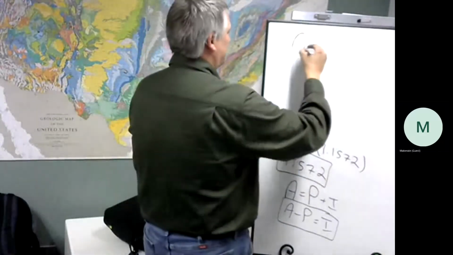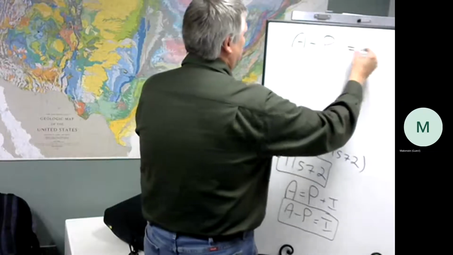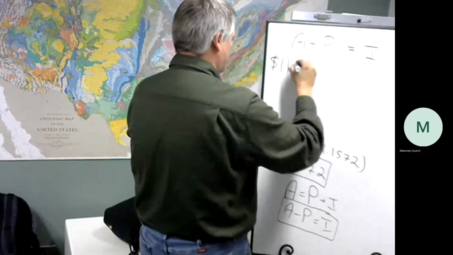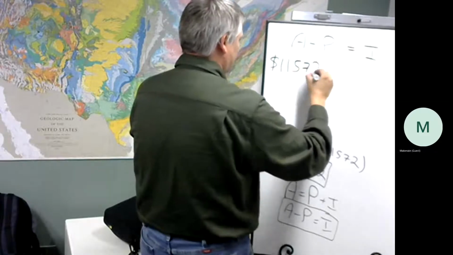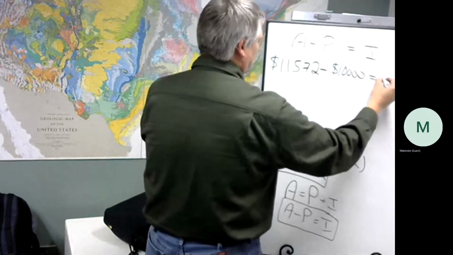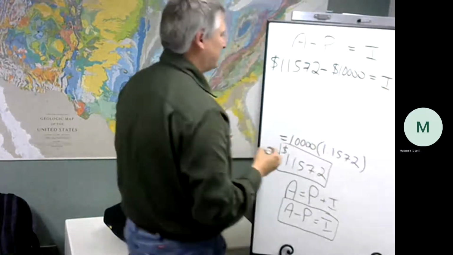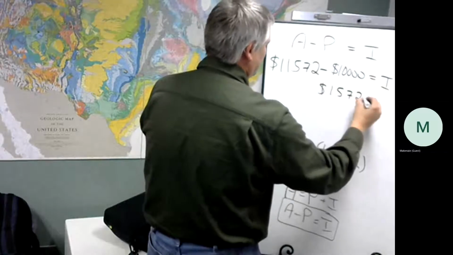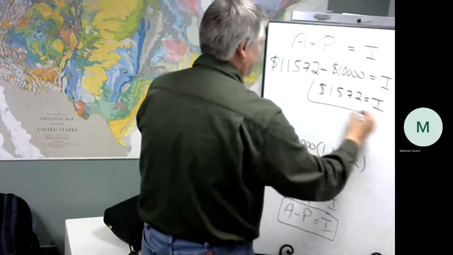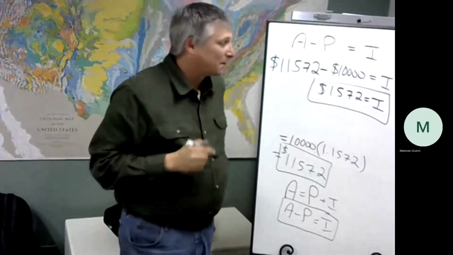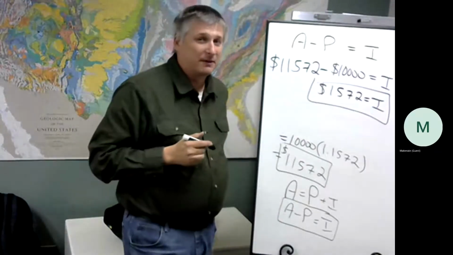So we'll get A minus P equals I. And then what we'll get is 1,572 is I. And that's going to be your answer. So that's how you could find the interest.